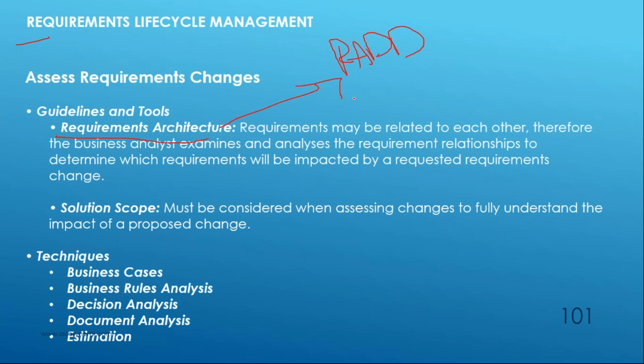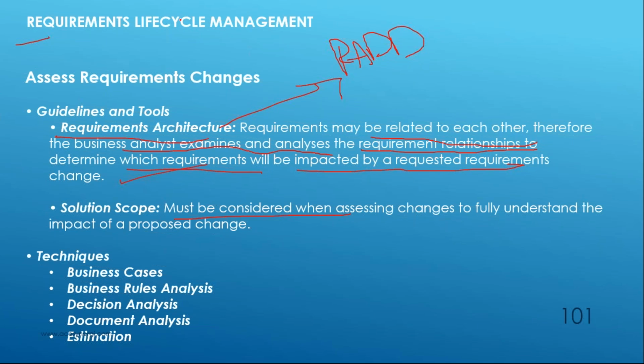So when we speak about requirement architecture, the requirements may be related to each other. Therefore, the business analyst examines and analyzes the requirement relationships to determine which requirements will be impacted by a requested requirement change. You also need to consider the solution scope.